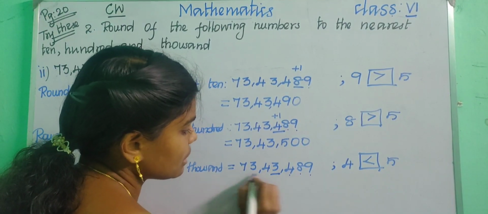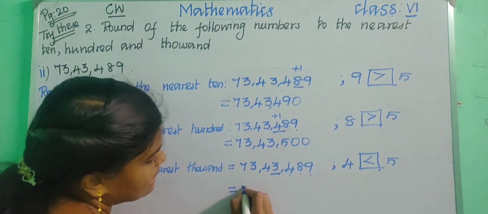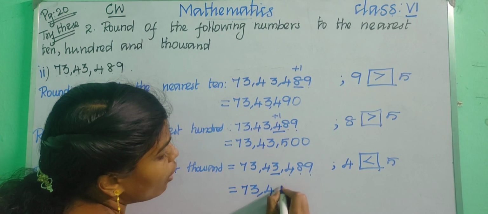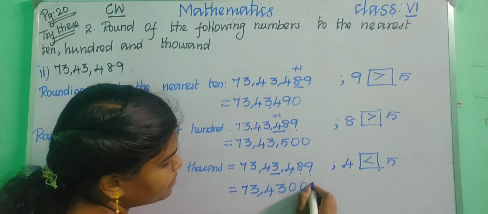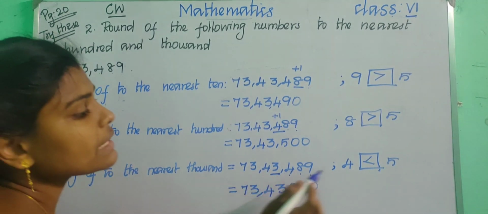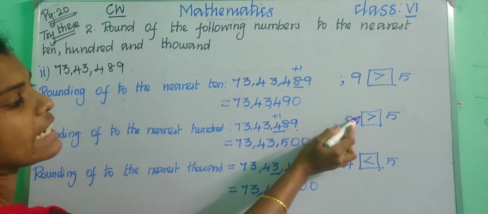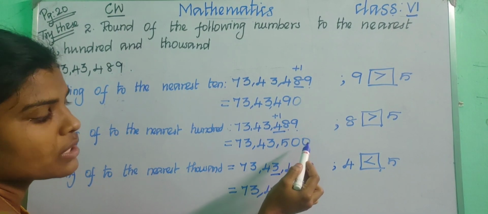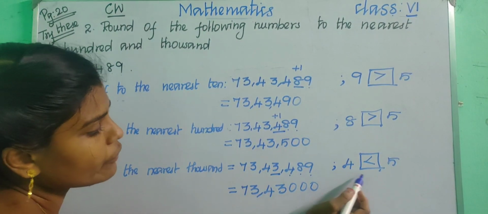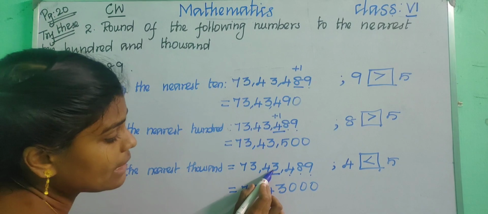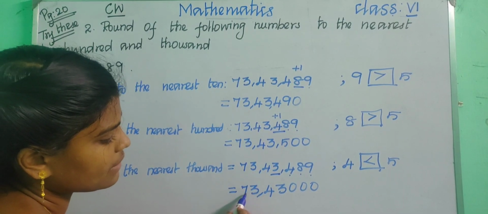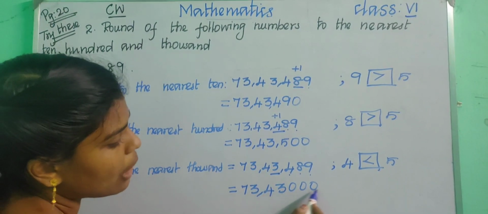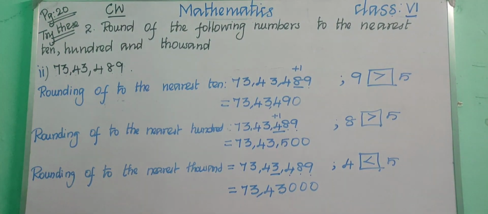Up to this we are just going to write the same digits, that is 73,43,000. Okay, children, if it is greater than 5, we need to add plus 1 and after that we need to put 0. If it is less than 5, we are just going to write the same digit. 73,43,000. Okay, children, did you all understand?